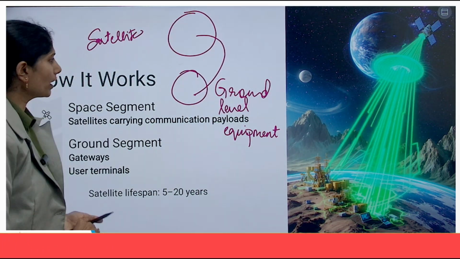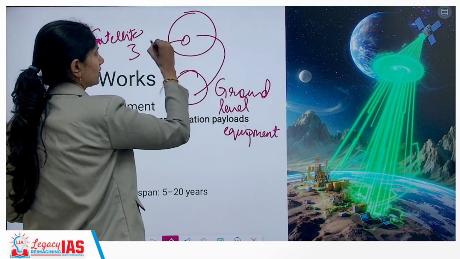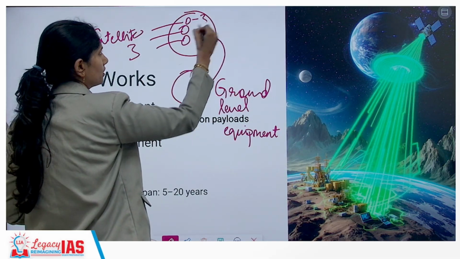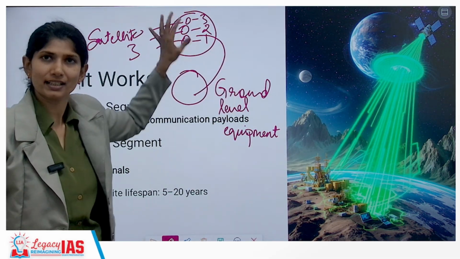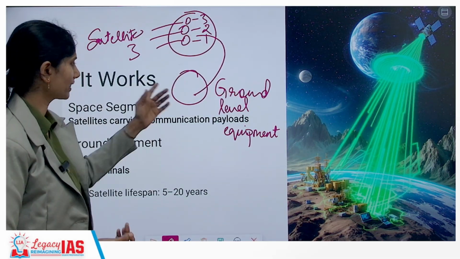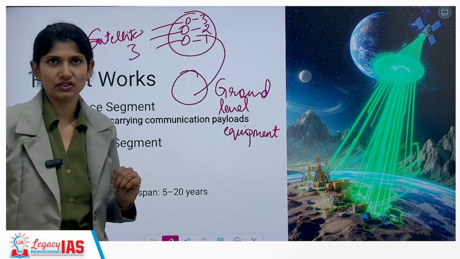Alright. Now, three different layers of satellites are also brought in. First level, second level, third level. They will cover different aspects of the area, we will discuss that in the next slide. So here we need ground level equipment to communicate with the satellites.